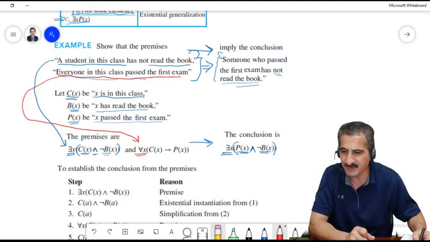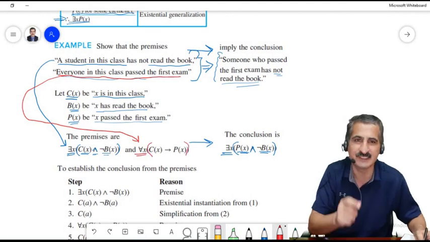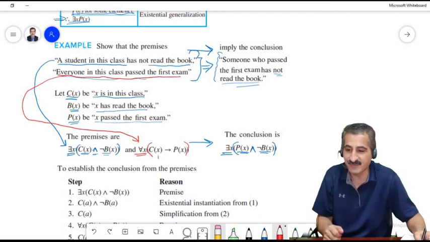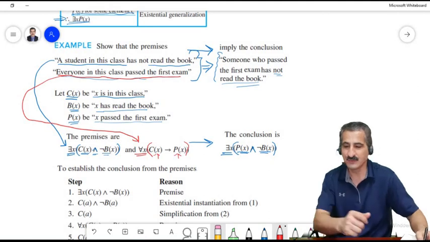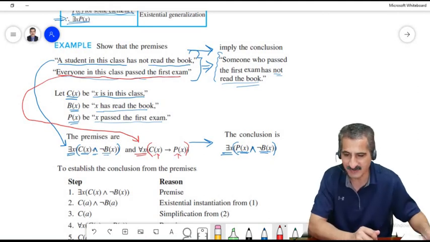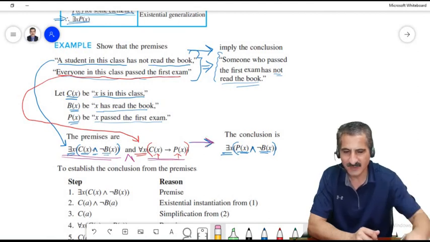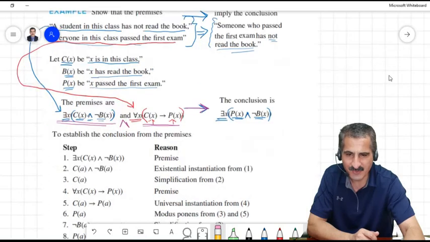So if X is a student in the class, then he passed the exam. So for every X, if he is a student in the class, then he passed the exam. So we want to show that both of these statements will give us that this is true. And we will use the rules of inference we have just seen.